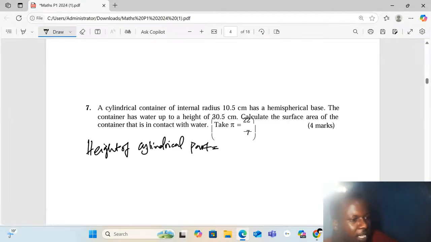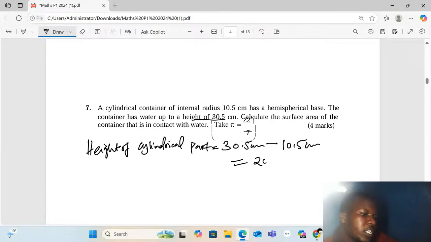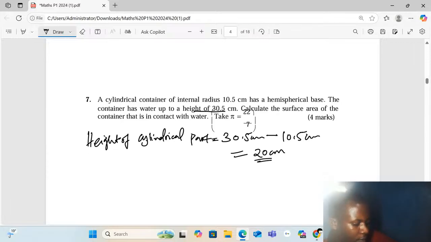You simply take the height where the water is reaching, that is 30.5 centimeters, minus the internal radius, which is 10.5 centimeters. Therefore, you're going to have 20 centimeters as the height of the cylindrical part.